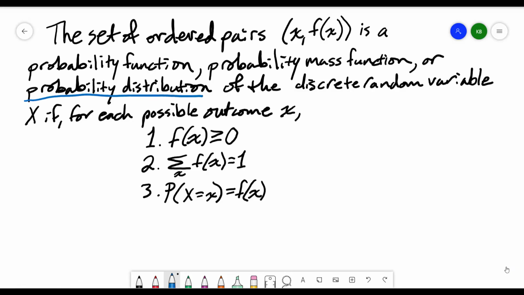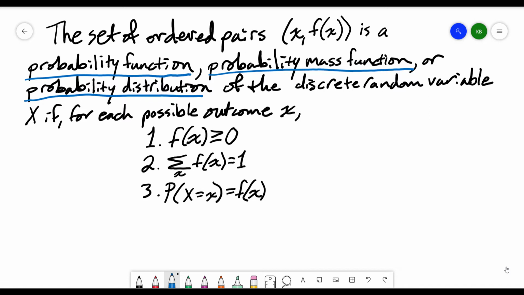Venturing into probability with our discrete random variable, we can make probability distributions, cumulative probability distributions, and probability histograms. Probability distributions are also known as probability mass functions and probability functions. All of these represent the same thing.